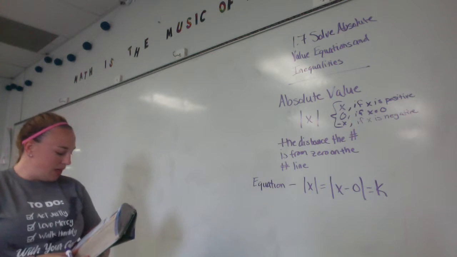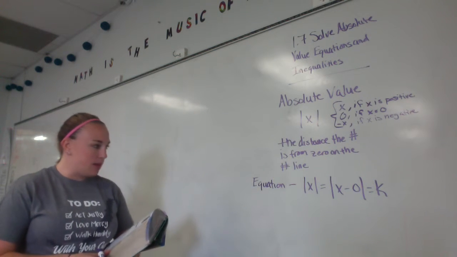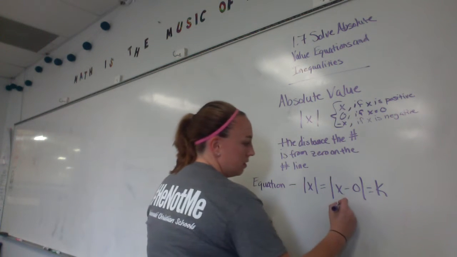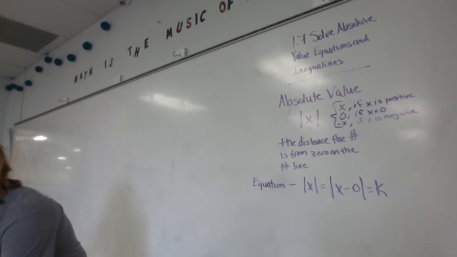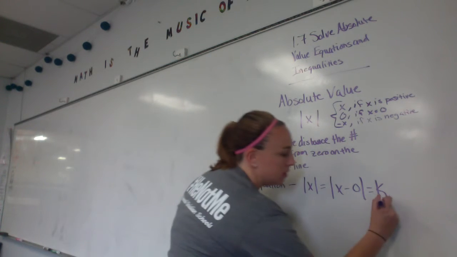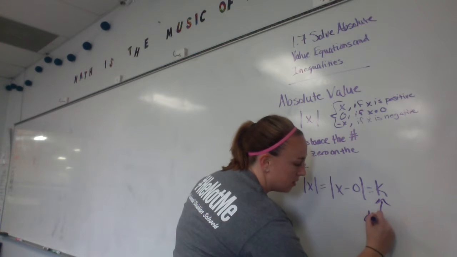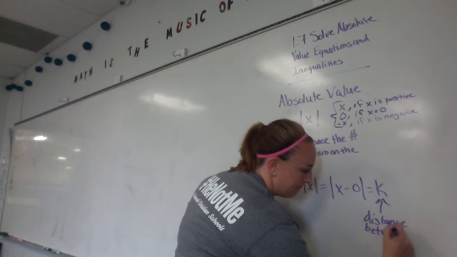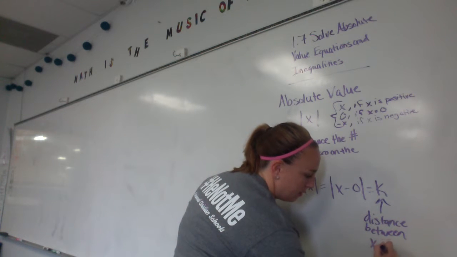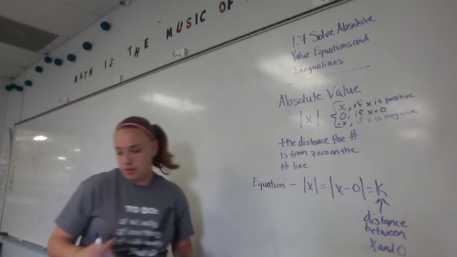The distance between x and 0 is k. K is just the variable they use. It stands for your solution, your answer. It is the distance between x and 0.